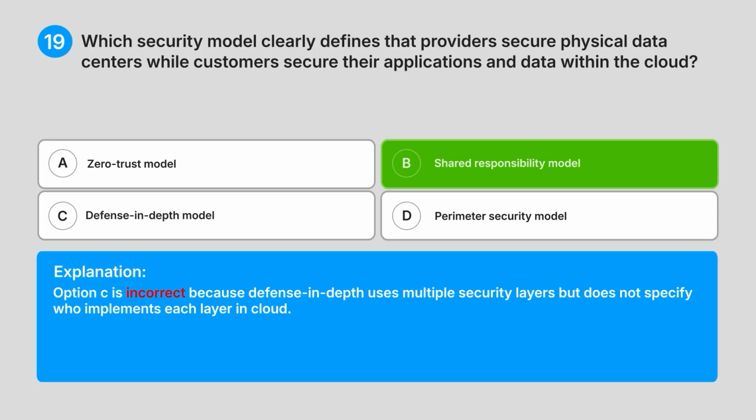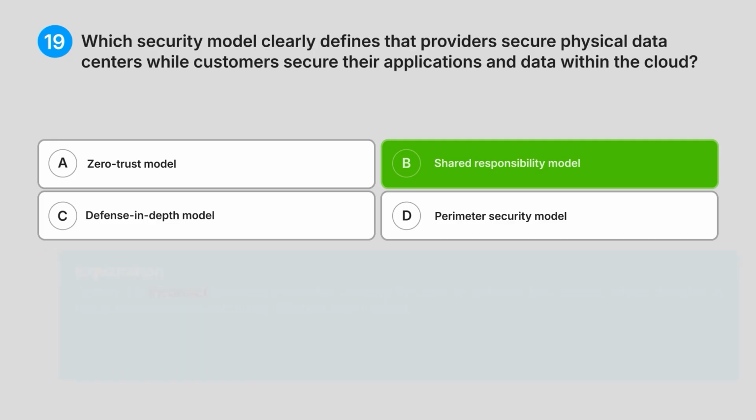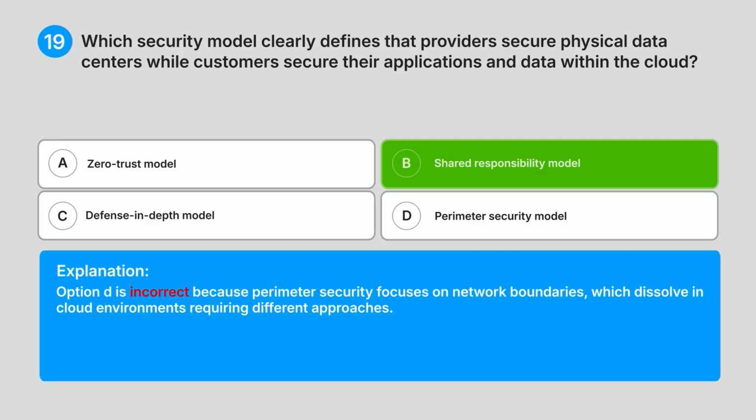Option C is incorrect because defense in depth uses multiple security layers, but does not specify who implements each layer in cloud. Option D is incorrect because perimeter security focuses on network boundaries, which dissolve in cloud environments, requiring different approaches.